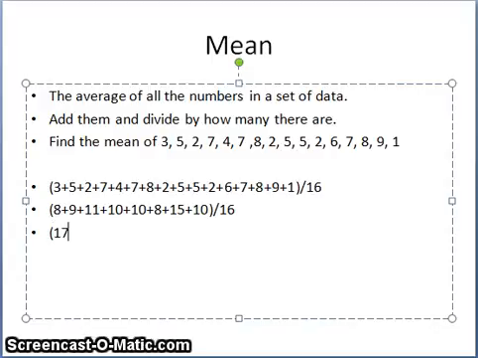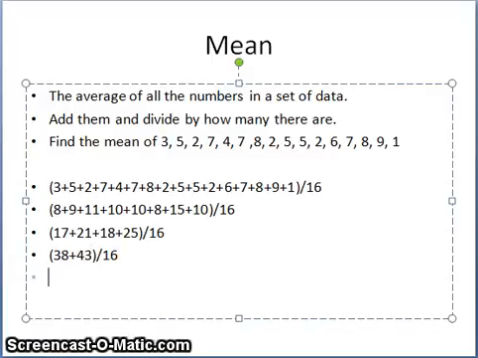So here we go. 17 plus 21 plus 18 plus 15 plus 10 plus 18 plus 25. So we're going to add those together. Alrighty, and 38 plus 43.